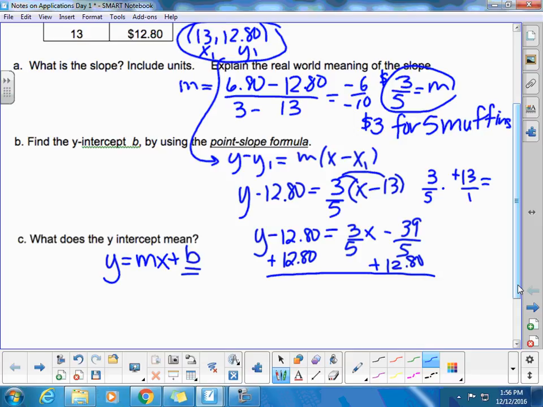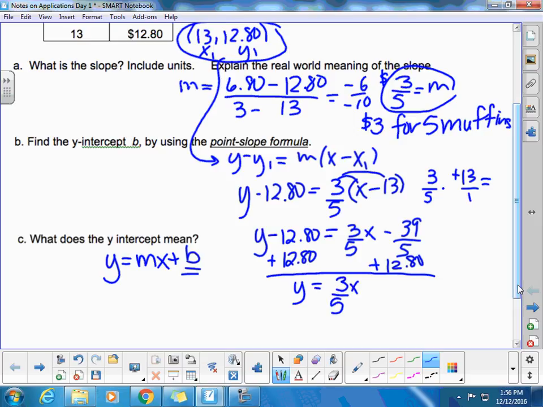I'm not going to do that in my head because 39/5 plus 1280, I can't do in my head, but I can do it with a calculator, and I get y equals, I still have 3/5 x. I like that to be a fraction because that's a slope.